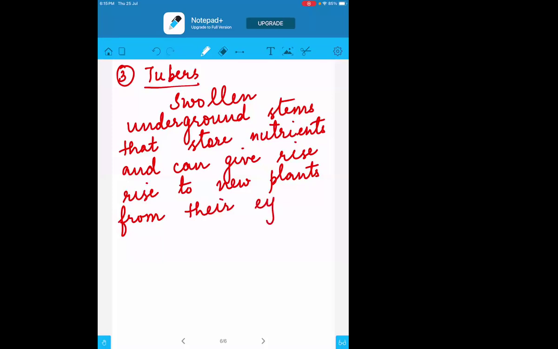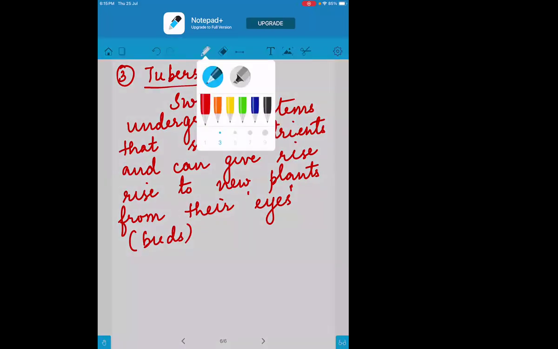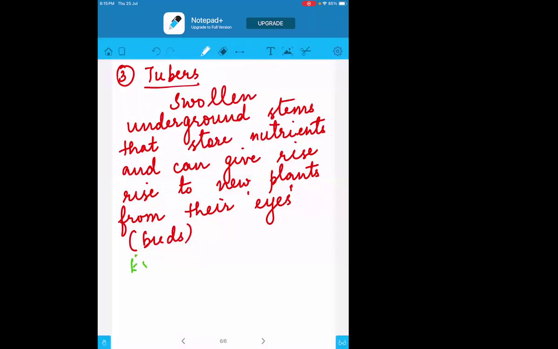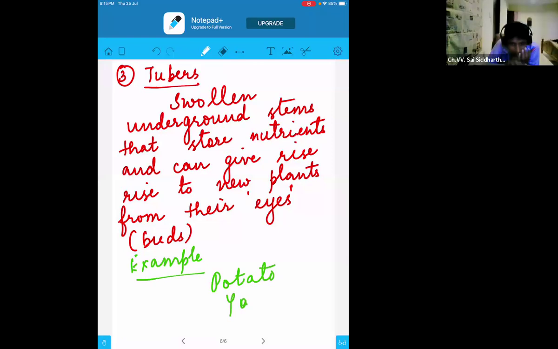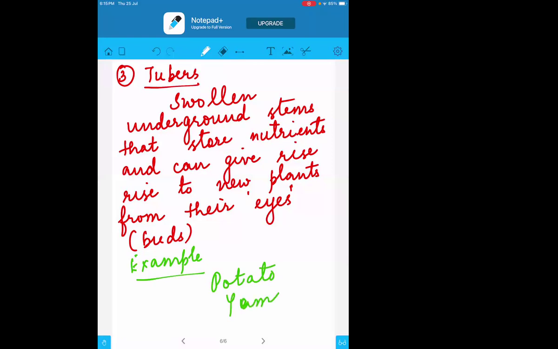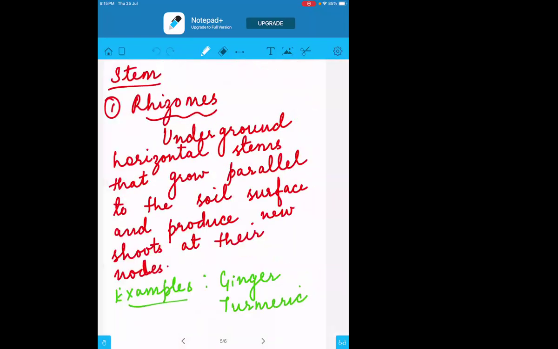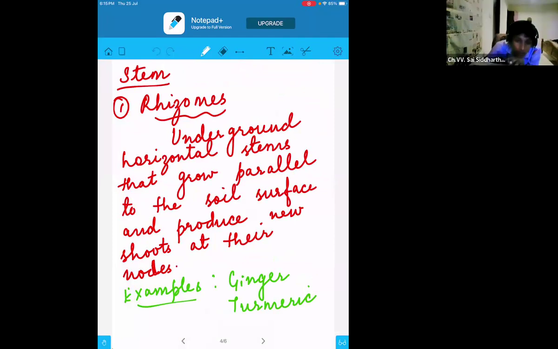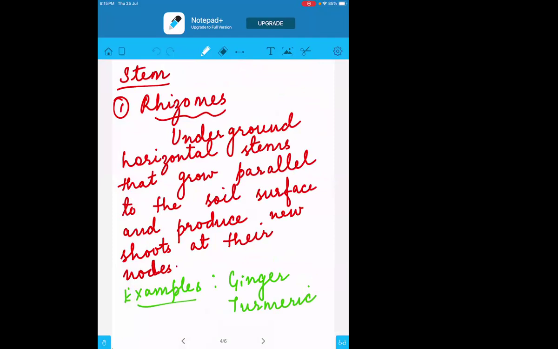Examples: potato, yam. Carrot is not an example of this. So write these first of all, the three. I'll then go to the next one. What about beetroot? Beetroot, yes.